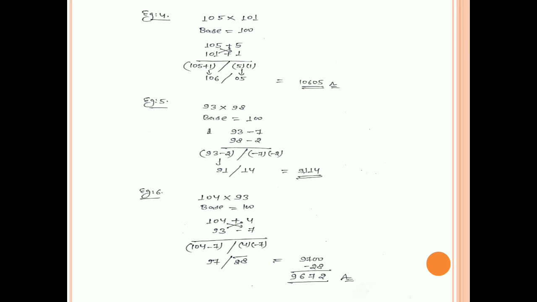Since we are choosing base as 100, there must be 2 digits after the slash. In the previous example we chose base as 10, so the number after the slash was only a single digit. So we'll write 5 as 05 and 105 plus 1 will be 106. So our answer will be 10,605.